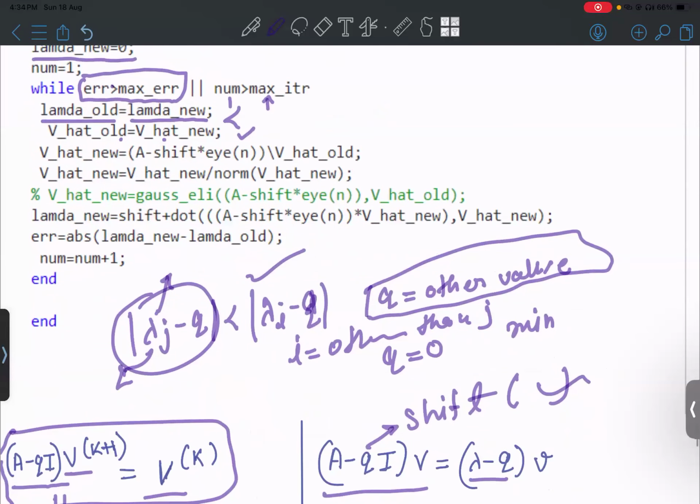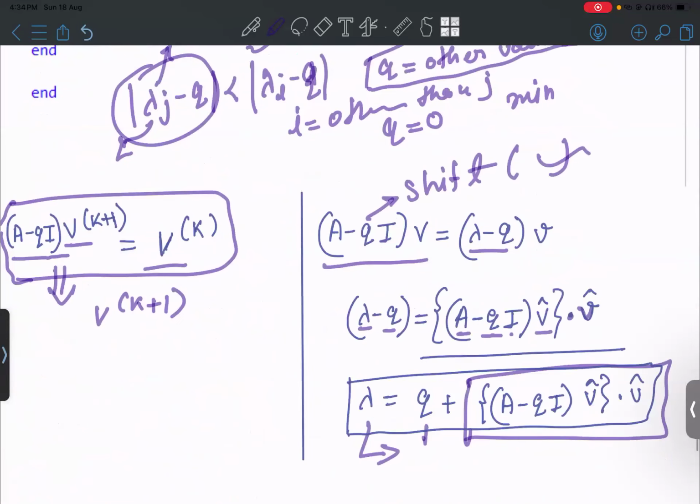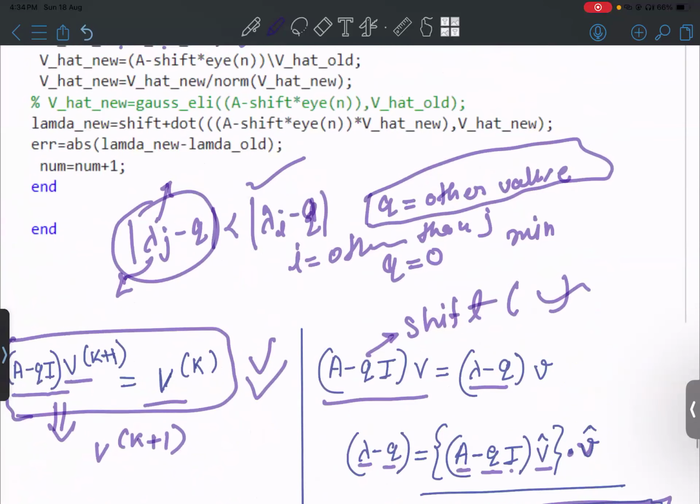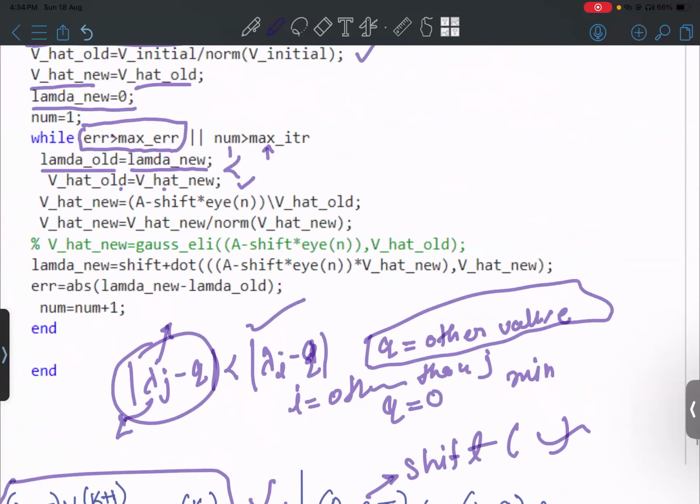Now this equation and this equation we will use to find the value at this iteration. So v hat new will be equal to a minus shift multiplied by I, which is nothing but the identity matrix in MATLAB.